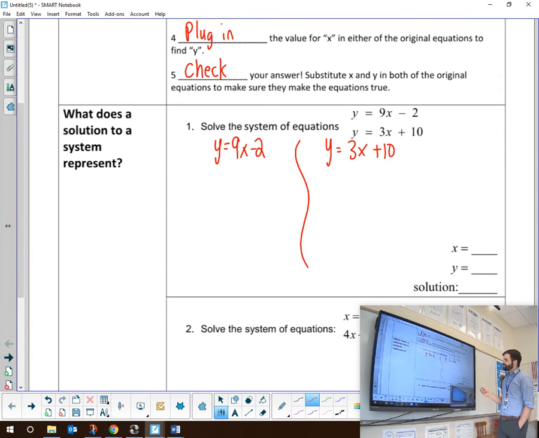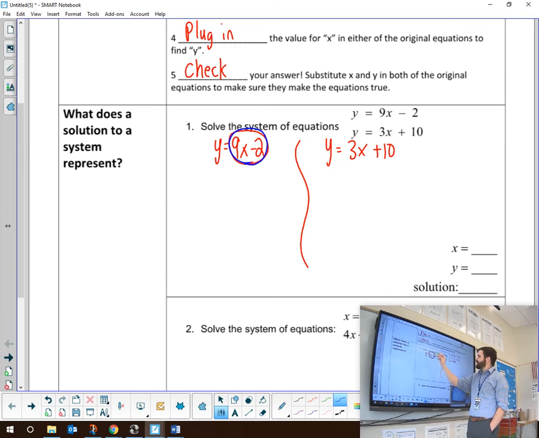So what we're going to do is we want to create one equation that only has one kind of variable. Because if I have an equation that only has one kind of variable, I can solve that equation. So what we do here is I'm going to take this value for y. This is what y equals. Y equals 9x minus 2.